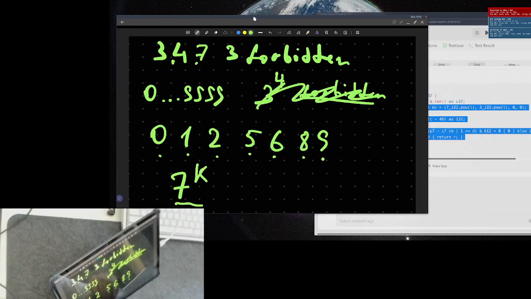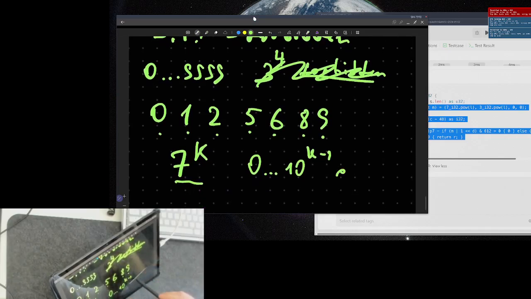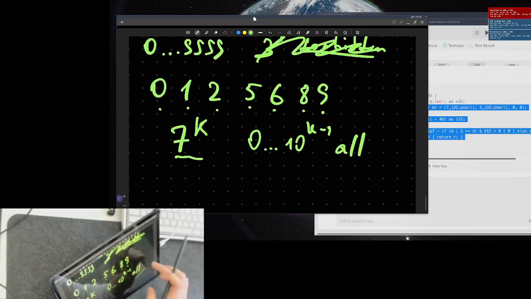This is the combinations of all possible permutations, okay, combinations of these numbers in a range from 0 up to 10 to the power of k minus 1.